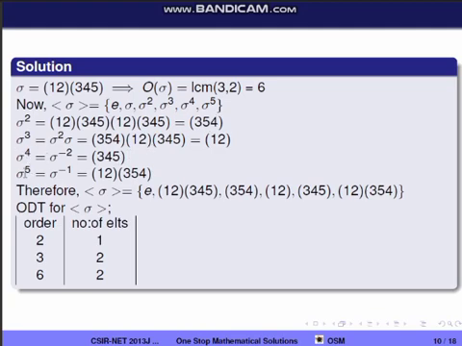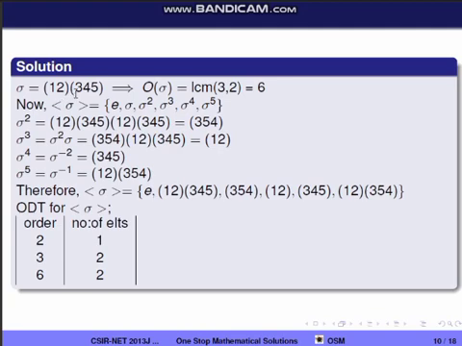Now sigma power 5, as before we are using that formula, so this is equal to sigma power minus 1, the inverse of sigma. So we'll find the inverse of sigma. Sigma is given here. To find the inverse, for the 2 cycle, the inverse is the same as itself, so we need not change the elements.